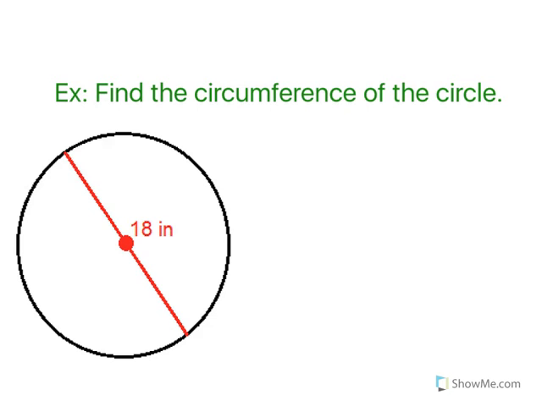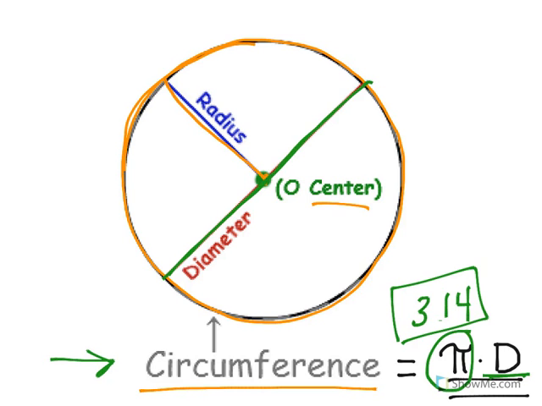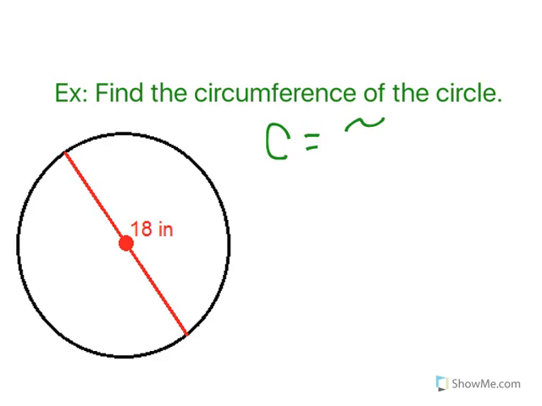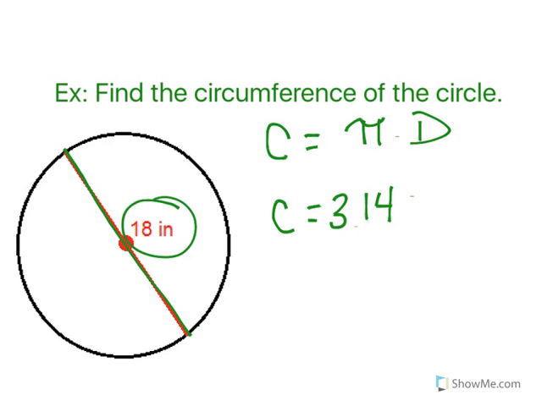The first example says find the circumference of the circle. Circumference equals pi times the diameter, so we're solving for circumference. We know pi is 3.14. You can just type that into your calculator too. Times your diameter, which is the distance from one side all the way to the other, and our diameter in this question is 18.